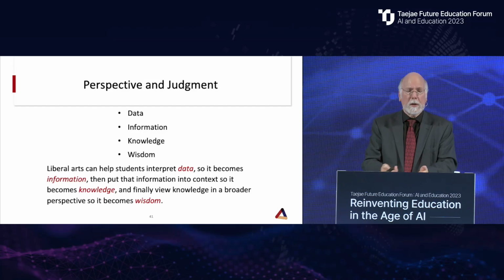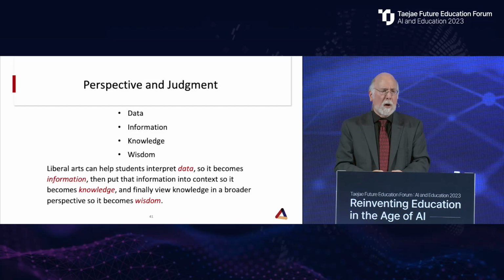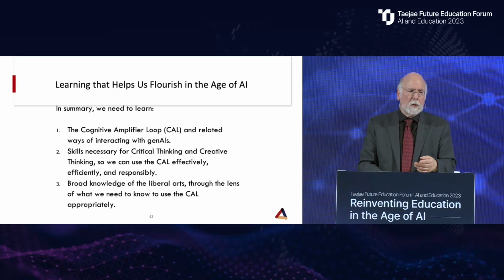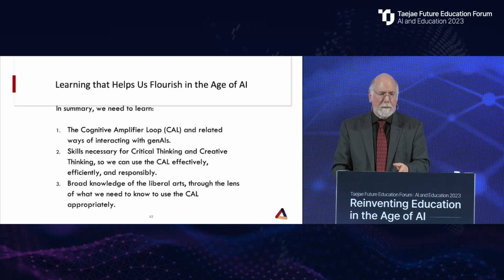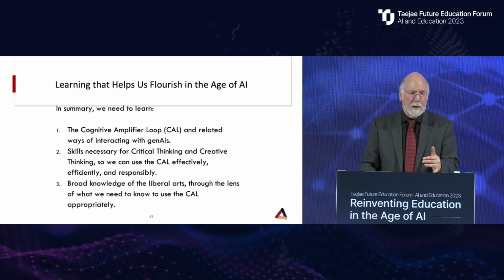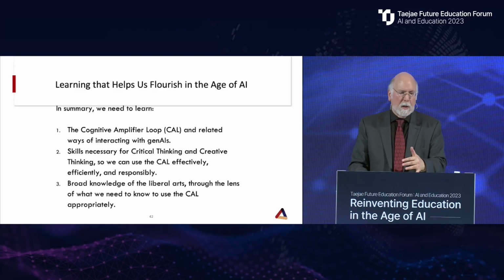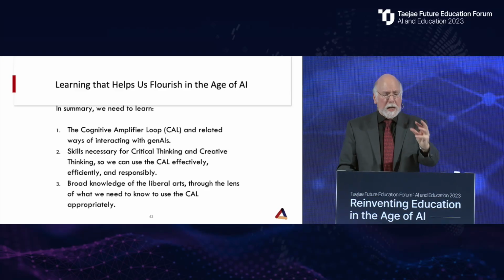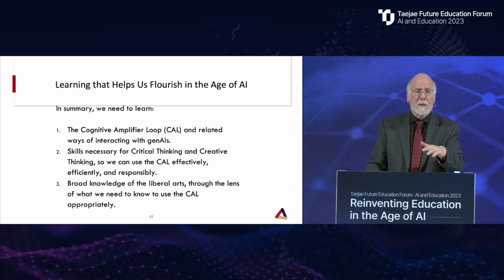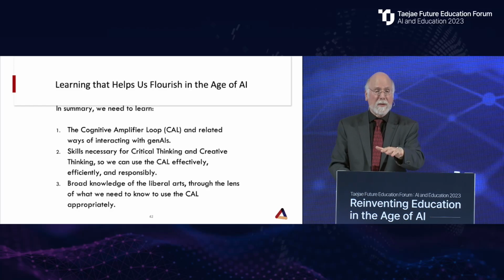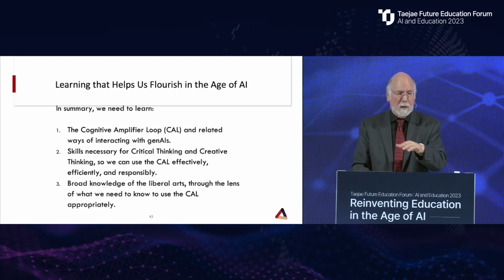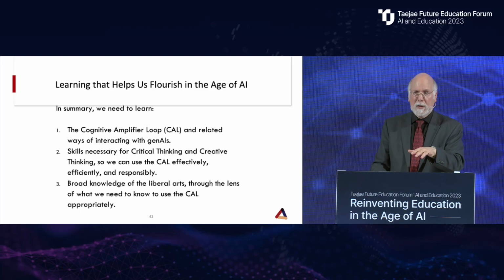So to summarize, we need to learn the cognitive amplifier loop and related ways of interacting with Gen AIs. To do that, we need to teach students the skills necessary for critical thinking and creative thinking so we can use the CAL effectively, efficiently, and responsibly.